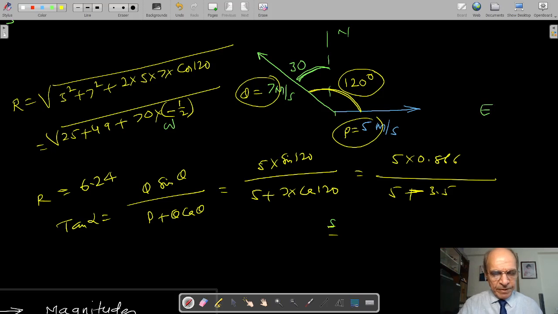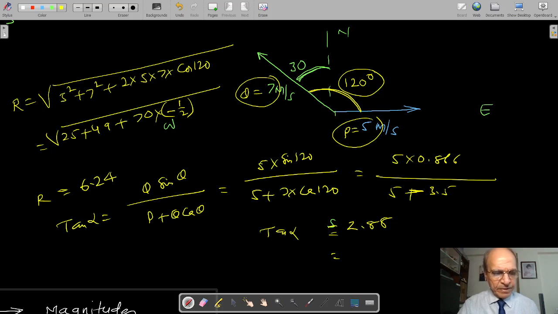So now this will be how much? 5 multiplied by 0.866 is this much, divided by 1.5, this is 2.88. This is tan alpha, and therefore alpha will be tan inverse of 2.88.